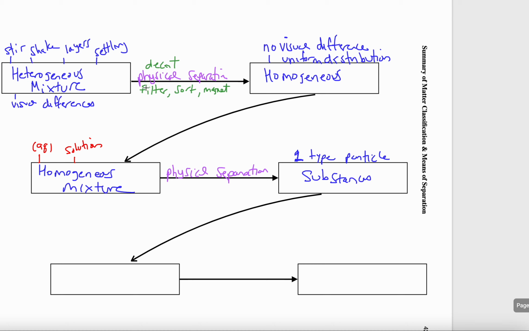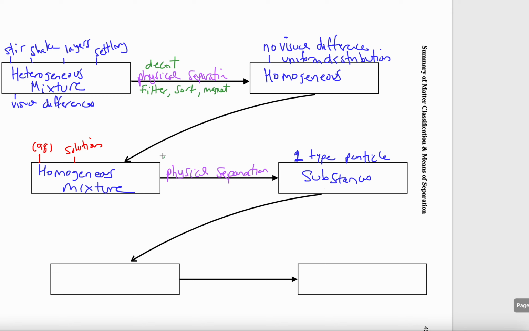So all of these techniques would work to separate a heterogeneous mixture into samples that are more homogeneous in nature. Once we form the homogeneous mixture, we have to change the techniques.